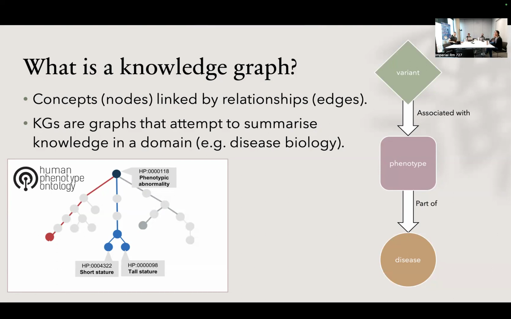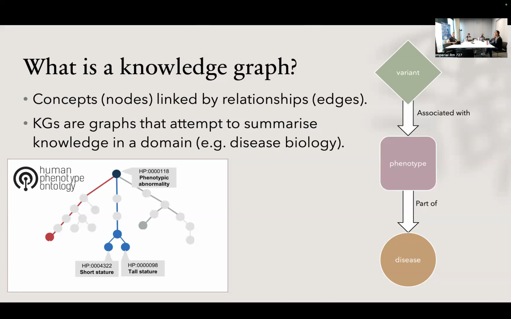I'm describing it in very abstract terms because it really can be anything, but in the example here, we have a genetic variant that is associated with a phenotype, and that phenotype is also part of the disease. But these really can be anything.